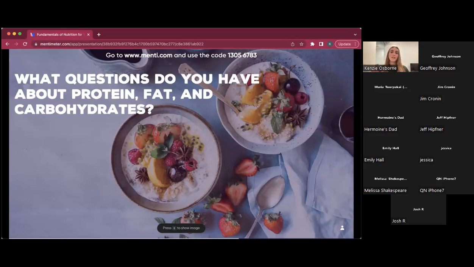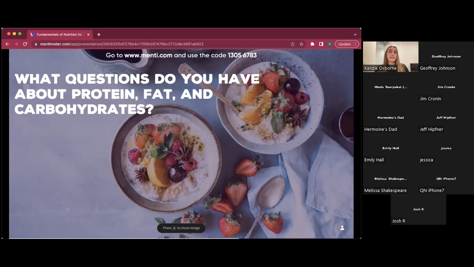Yeah. So there are fast carbohydrates and slow carbohydrates. The main difference is going to be the fiber content. So quick carbohydrates are going to be low in fiber. Slow carbohydrates are going to be a little bit higher in fiber. When we eat fiber, fiber is something that is not digested in our body.